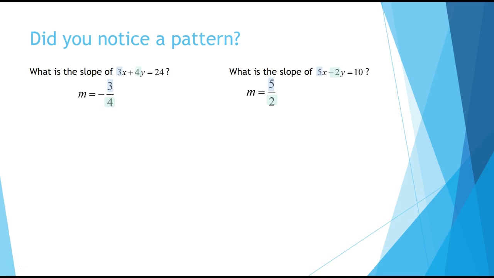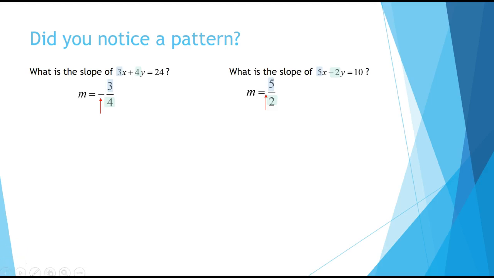But when I look in my first equation of 3x plus 4y, those were all positive numbers, but my slope was negative. In the second equation, I had that -2, but my slope was positive. So something is going on with those signs.